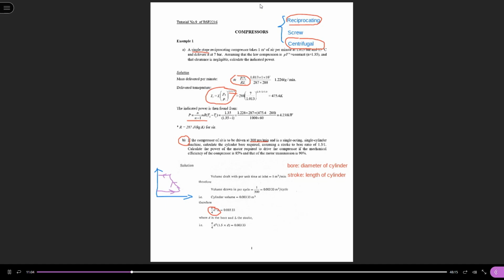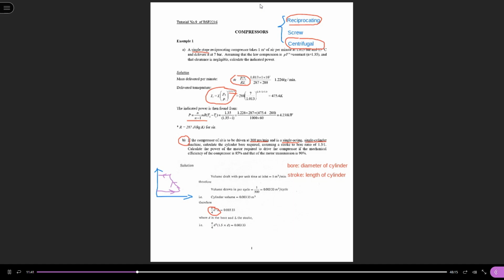Then we understand this is one revolution: intake and discharge of the high pressure vapor. Any further information we know is a single cylinder machine, single acting.